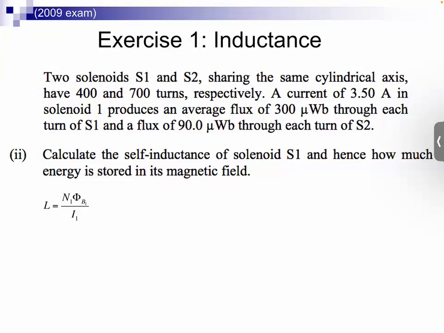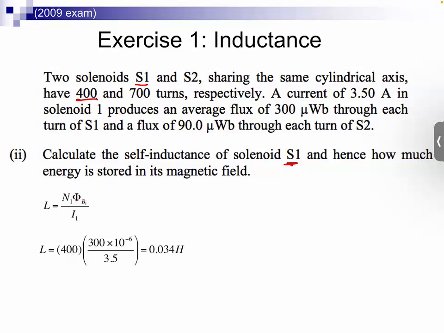Self-inductance is defined as the number of turns times the flux over the current. And we're just talking about one solenoid. So the subscripts all refer to solenoid 1, because that's what we want to consider, the self-inductance of solenoid 1. So we want the number of turns through solenoid 1, which is 400.